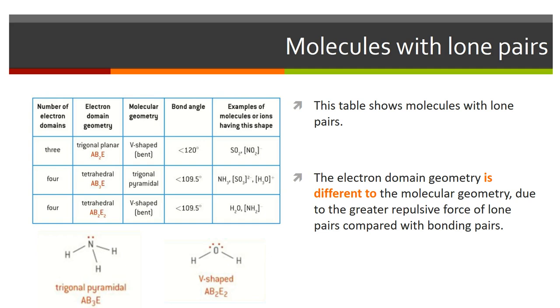So if we have 3 electron domains, okay, it'll be trigonal planar for its domain geometry, but be bent shaped if we've got something like SO2. Okay, this is going to have a trigonal planar electron domain geometry. Okay, so our electron domain geometry is different to our molecular geometry if there's lone pairs present.